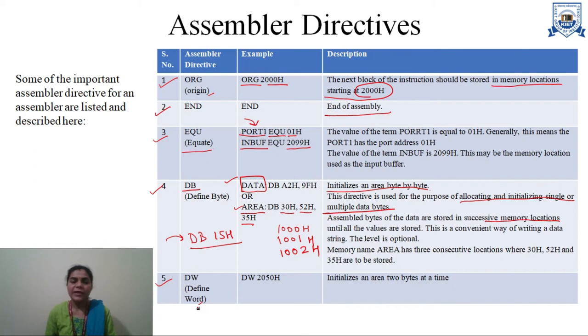We can initialize an area 2 bytes at a time if the word size is 2 bytes. In the case of the 8085 microprocessor, the word size is 1 byte, so this assembler directive will define only 1 byte at a time.